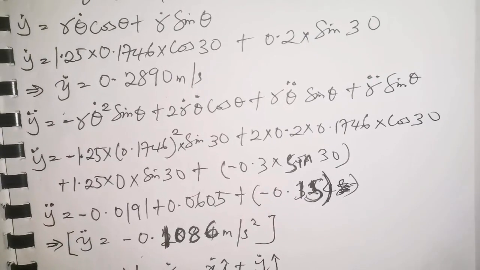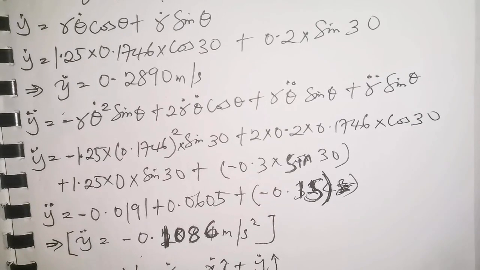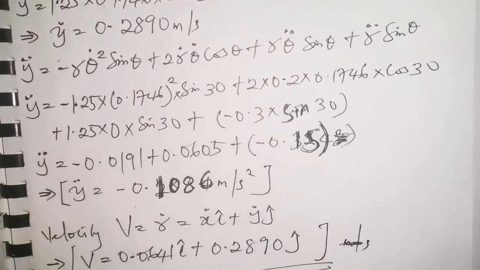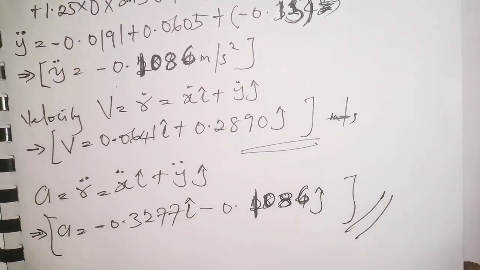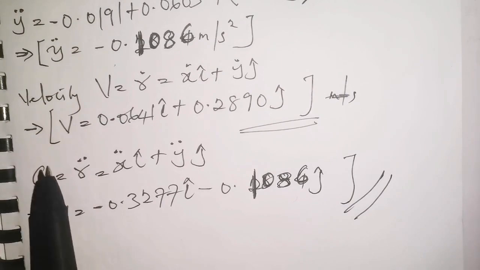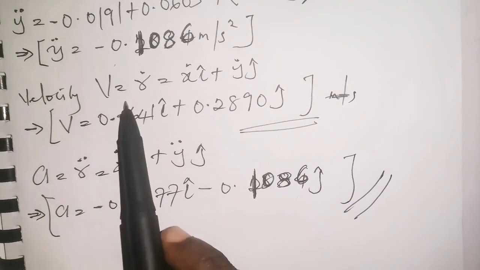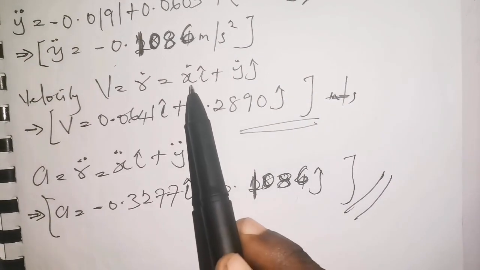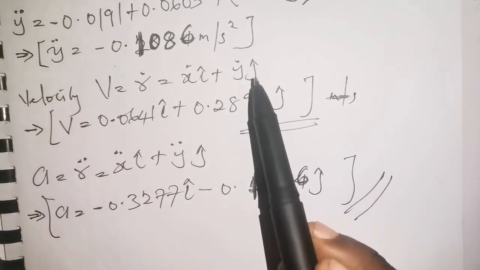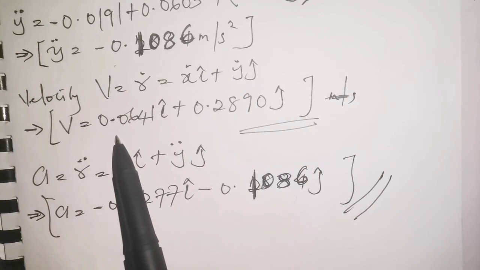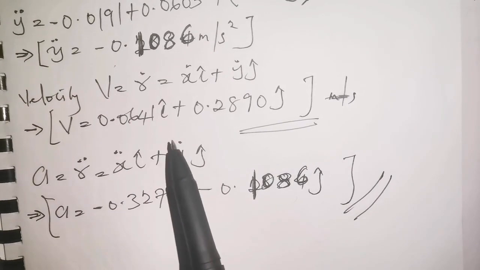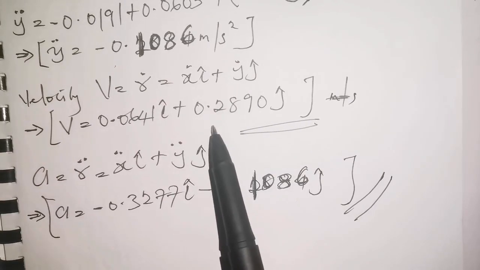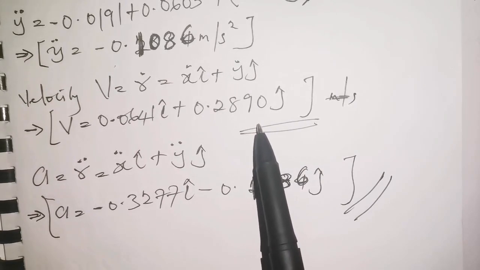The question is asking us to find velocity in vector form i and j, and acceleration also in vector form i and j. I've already done everything, I'm just going to explain this out here. In vector form, velocity is simply equal to r dot, which is x dot in the i direction plus y dot in the j direction, and we obtained our x dot to be equal to 0.0641 in the i direction, plus we obtained our y dot to be 0.2890 in the j direction.